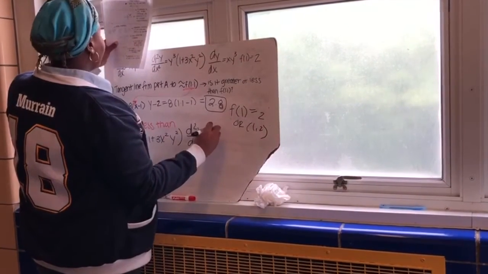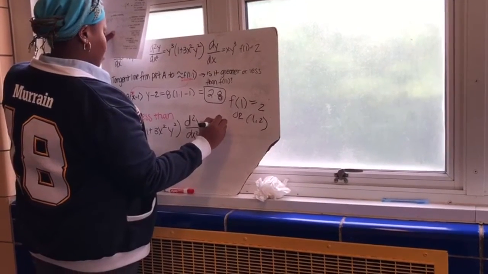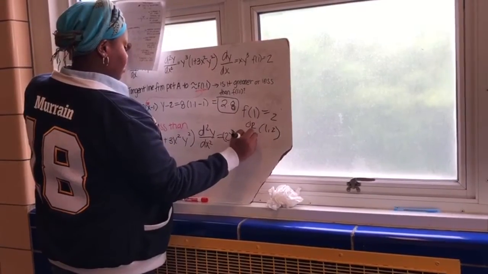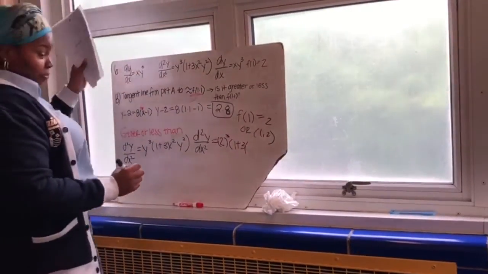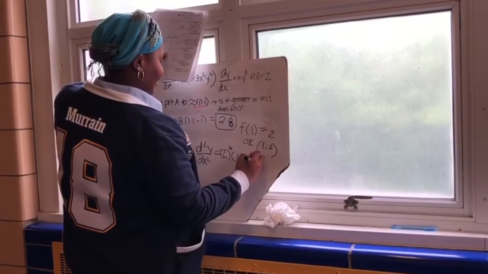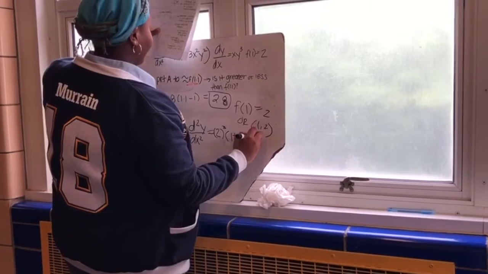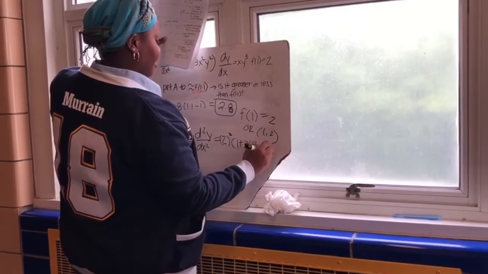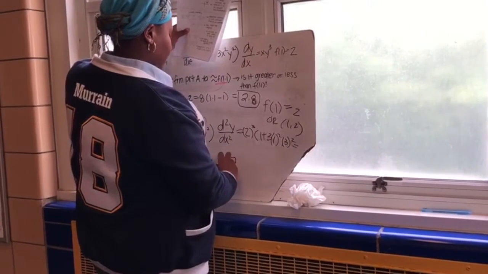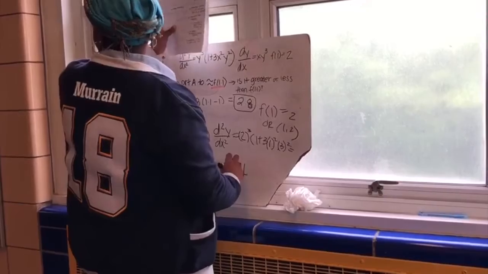So once again, as we did in part A, you plug in 1, 2 into the second derivative equation, which is y to the third, 1 plus 3x squared y squared. So once you do that, you do some algebra in your calculator, and you get an answer of 224.